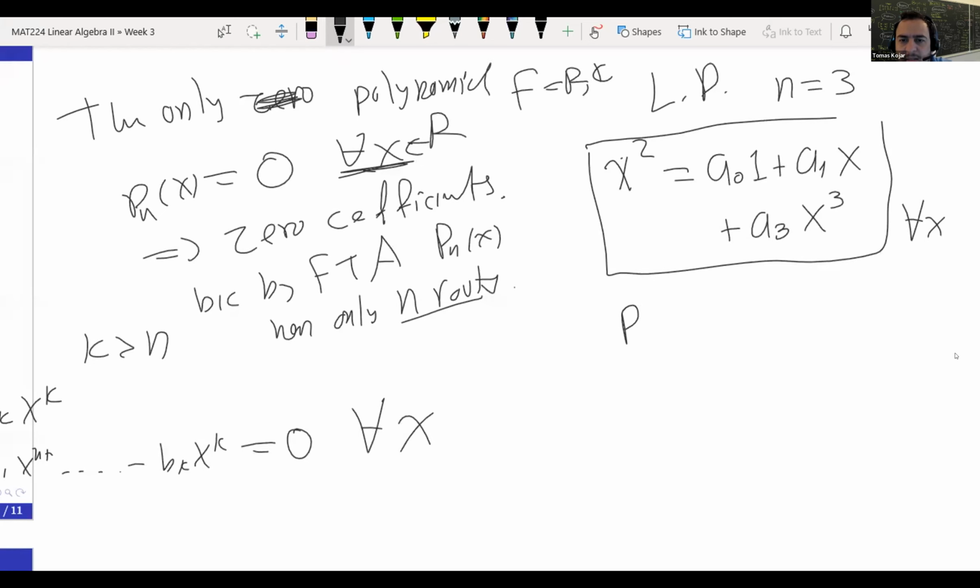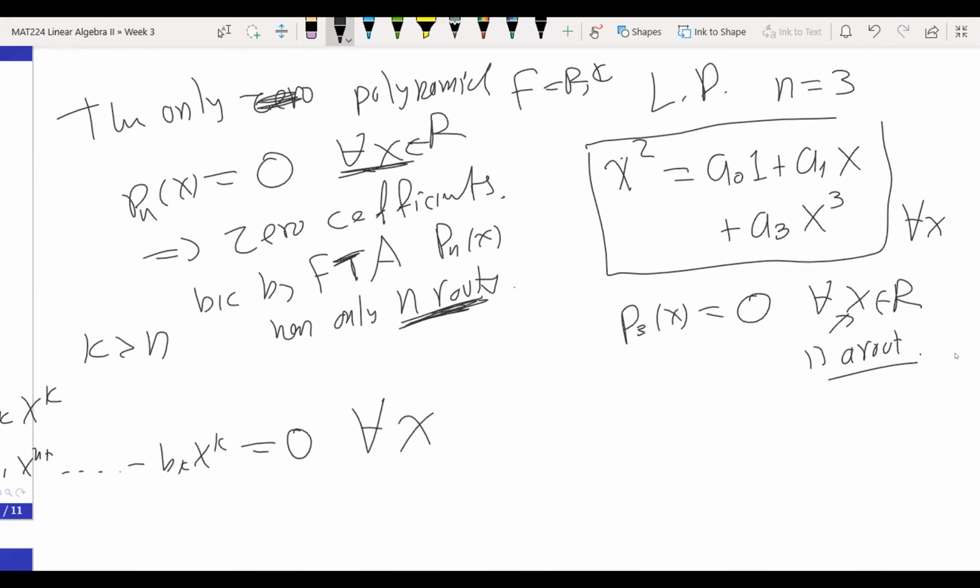So you can write this as a 3rd degree polynomial equaling 0 for all x. So each one of them is a root, right? But the fundamental theorem tells us that there are only n roots. You can have more or less. Does that make sense?